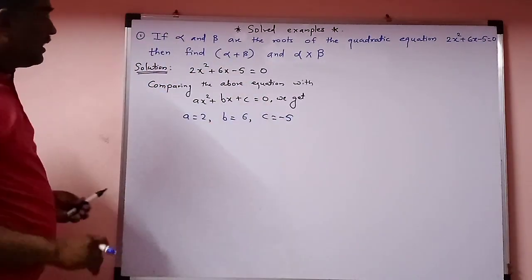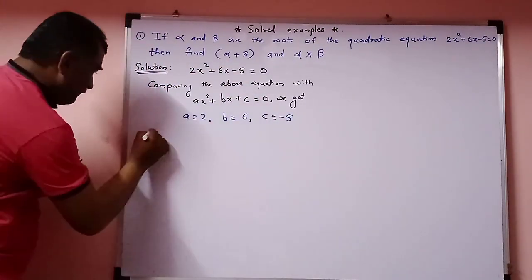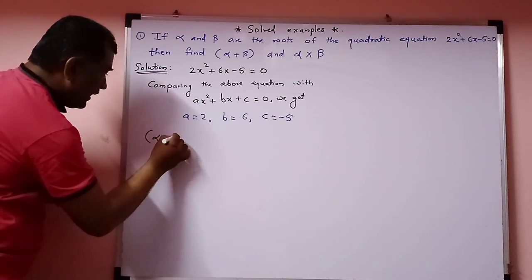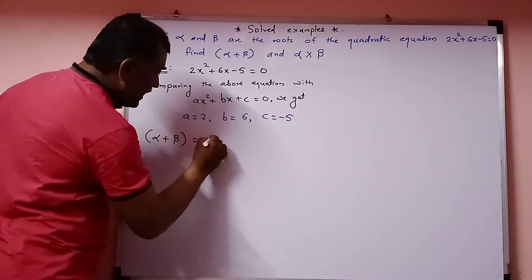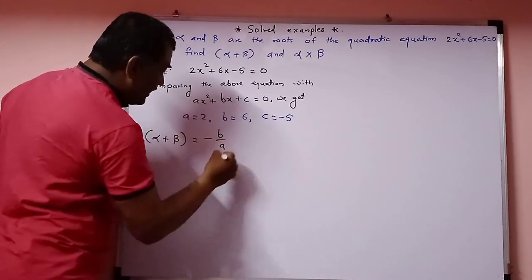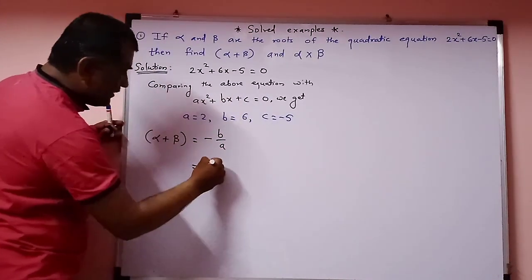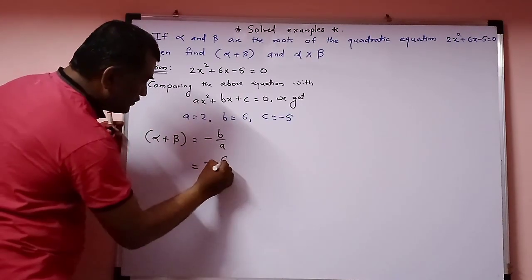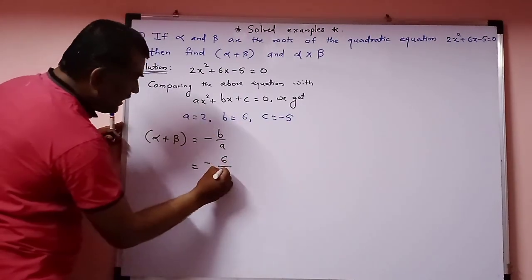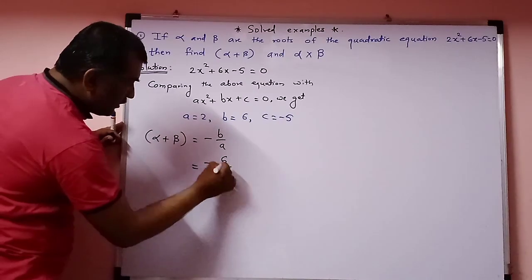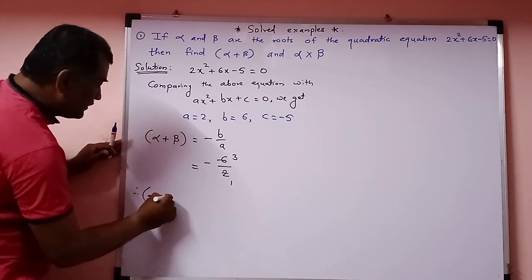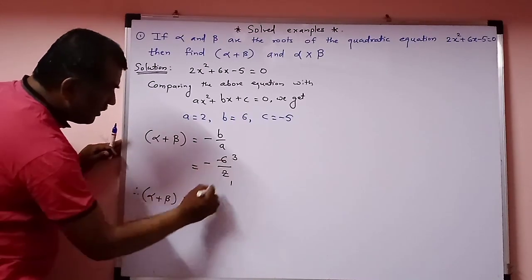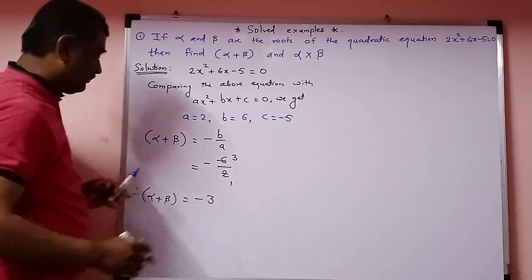First find alpha plus beta. The addition of the roots of a quadratic equation is minus b upon a. Minus, then b, value of b is 6 upon value of a 2. 2 ones are 2, 2 3s are 6. Therefore, alpha plus beta is equal to minus 3.